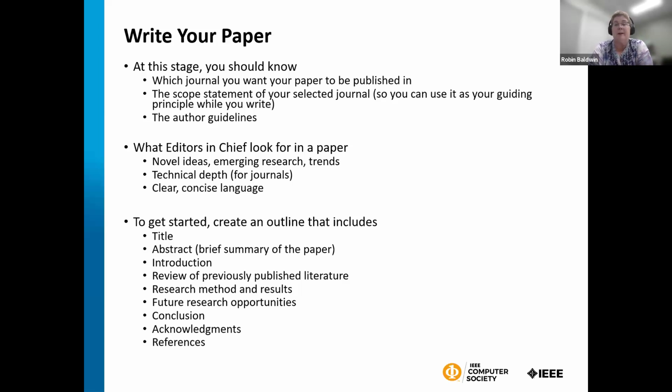So that provides some context for the reader about what your article is about, what has gone before you in this, so to speak. And then you go into what your research method and results are, what the future research opportunities are, a conclusion, acknowledgements, and then references.